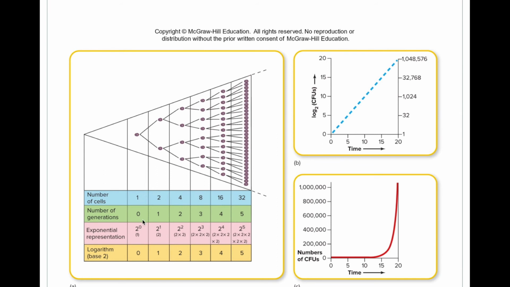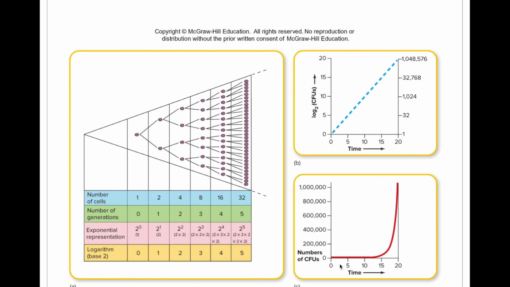Every time this doubles, you can represent this as an exponent. The starting parental population is generation number 0. There have been no generations developed yet, so 2 to the 0 is 1. After that first population doubling, that is the first generation. You can represent that as 2 to the 1, and that makes 2 cells, and so on and so forth.